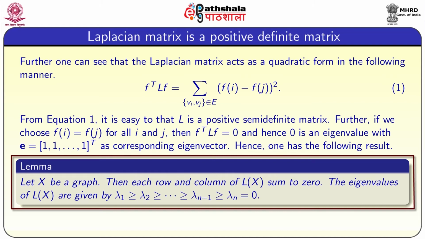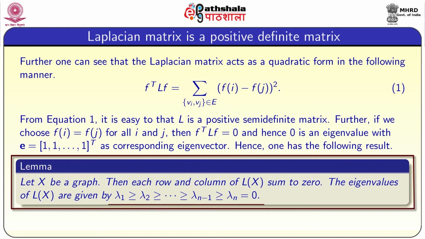The lemma: let X be a graph, then each row and column of L(X) sums to 0. So, the eigenvalues of L(X) are given by lambda 1 greater than or equal to lambda 2 and so on, lambda n minus 1 greater than or equal to lambda n equal to 0. 0 is one of the values. Since the Laplacian matrix is a real symmetric matrix, its eigenvalues are also real numbers, so they can be compared.